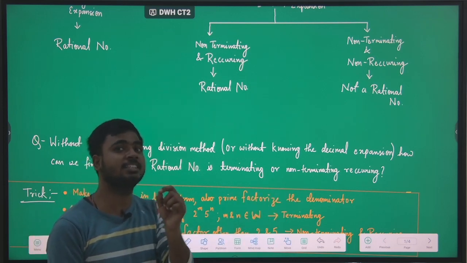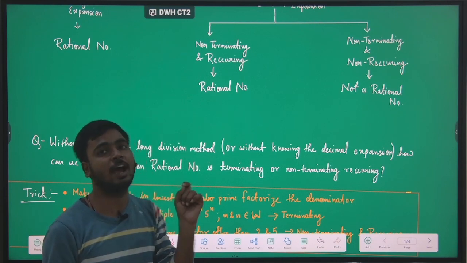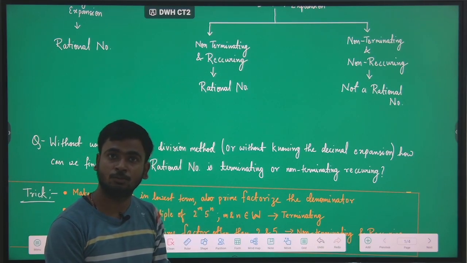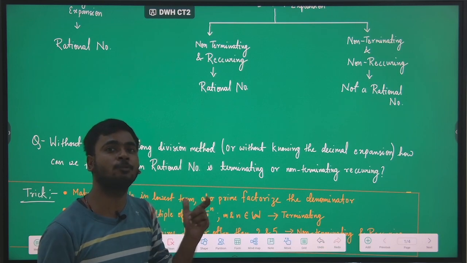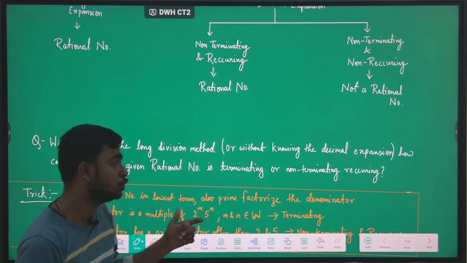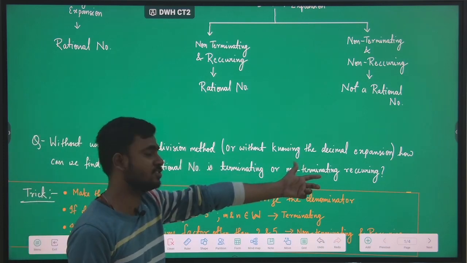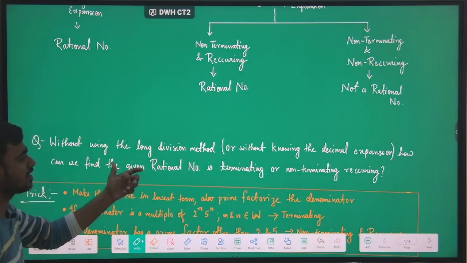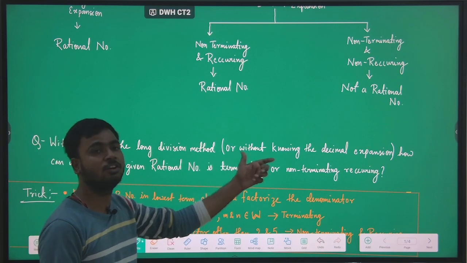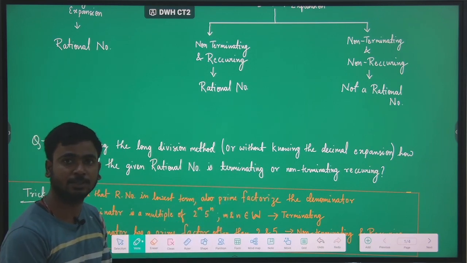But one condition is given: we do not have to find the decimal expansion, that means we do not have to use the long division method. So without using long division or knowing the decimal expansion, how can we find whether the rational number is terminating or non-terminating recurring?